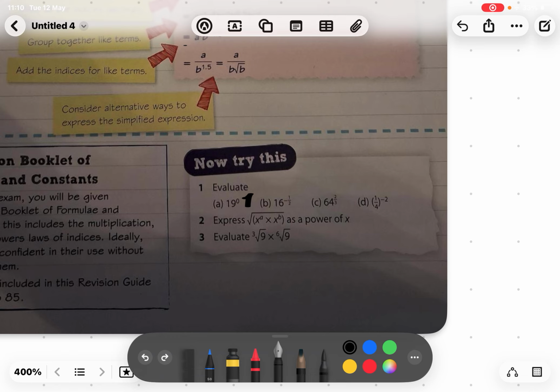Okay, well, the answer is 16, but why is it 16? Let's try to figure it out. So first of all, what I can say is that it's going to be, is it going to be a fraction? No, it's not. Maybe.